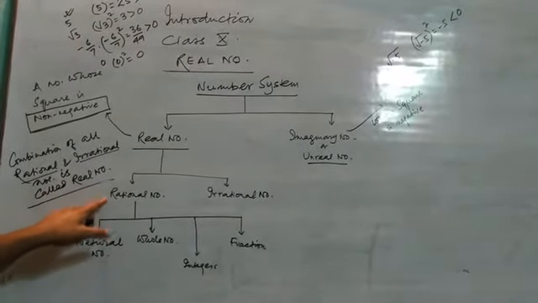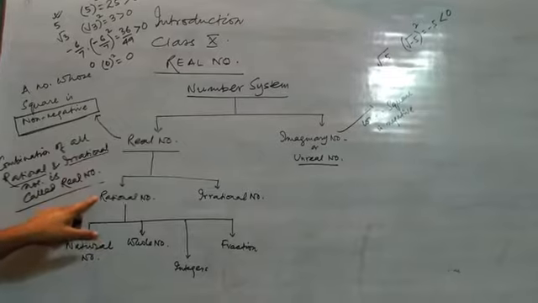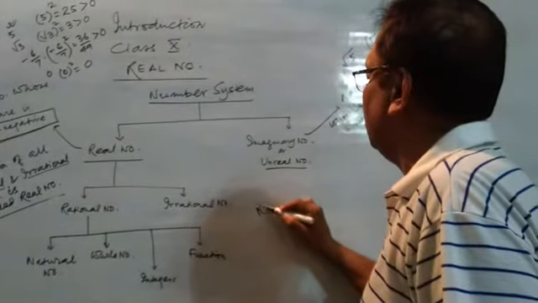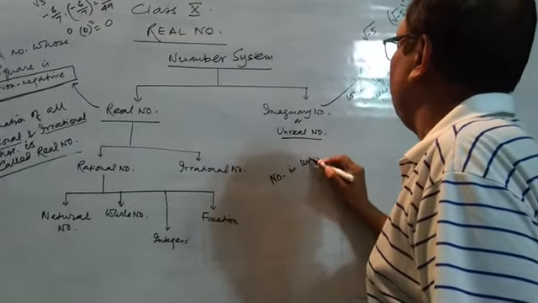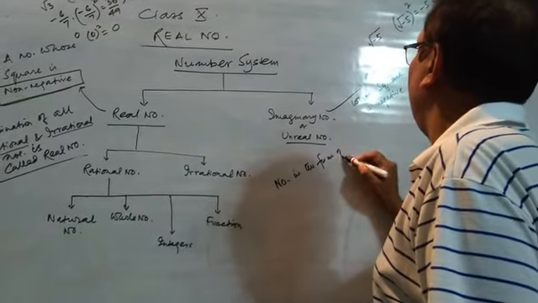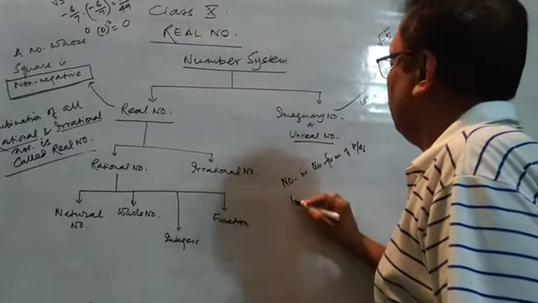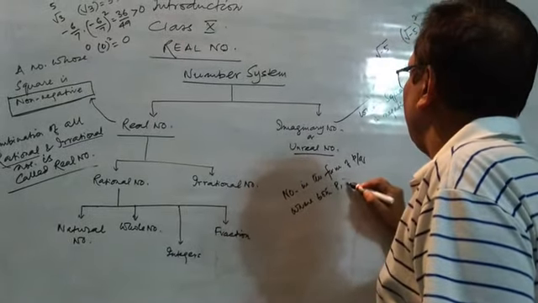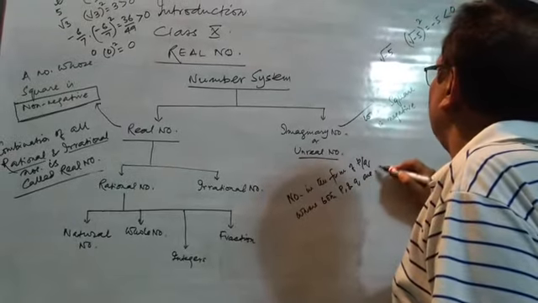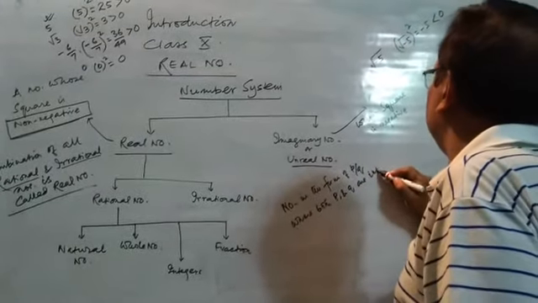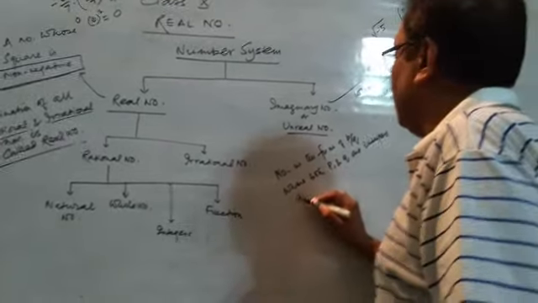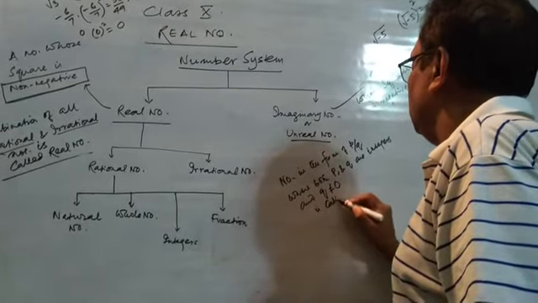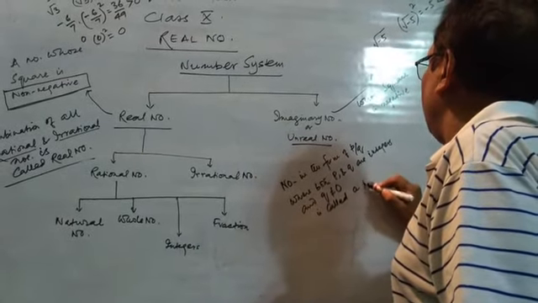So remember once again, a number in the form of p by q, where both p and q are integers and q not equal to 0, is called a rational number.